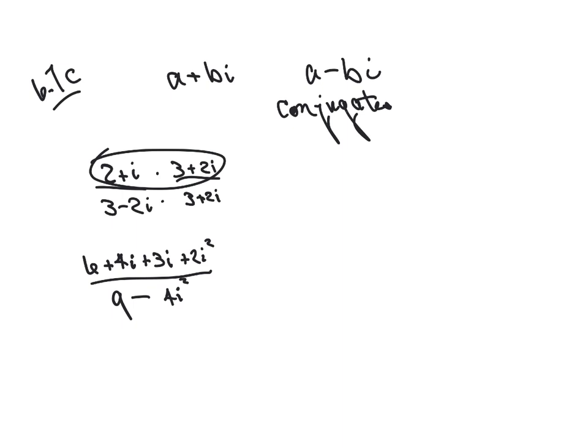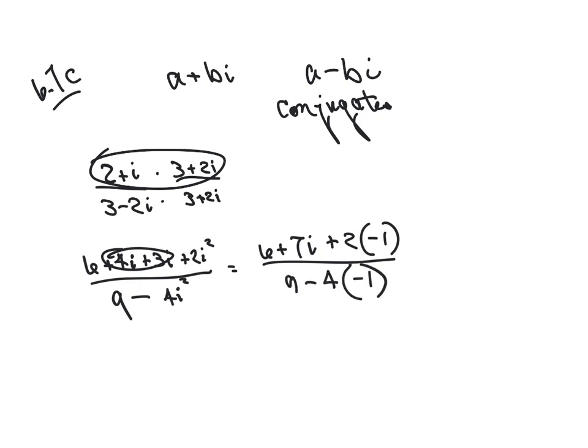So then when we start messing around with this, we get 6 plus 4i, let's do 6 plus 7i plus 2 times i squared, which is -1, over 9 minus 4 times -1.